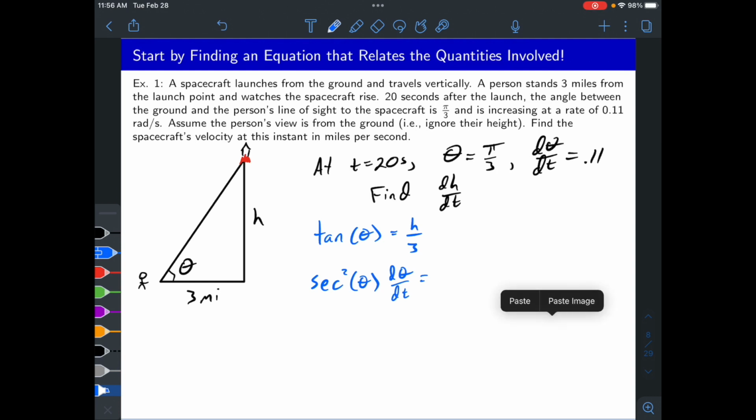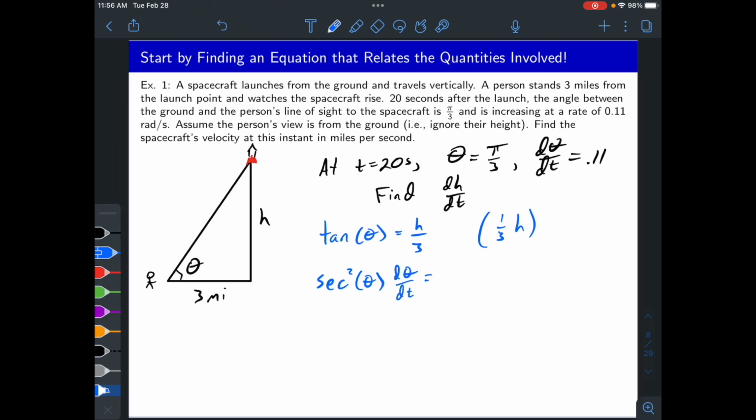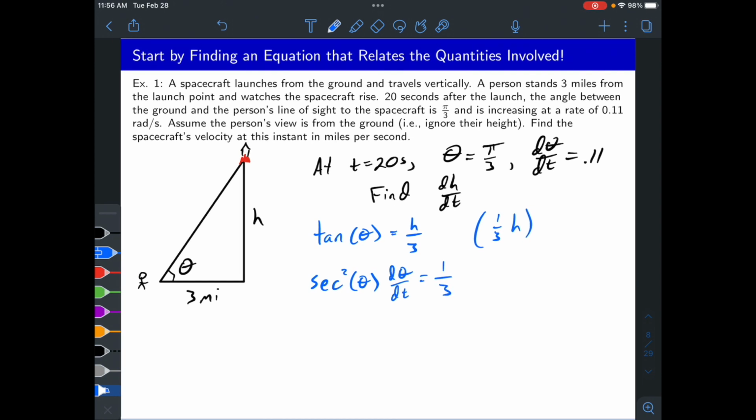And then remember that h over 3 is really the same thing as 1/3 h, and so the derivative of 1/3 h would be 1/3 times dh/dt. So this is our equation relating the rates of change. And now we can just plug in all of our known information to find dh/dt.